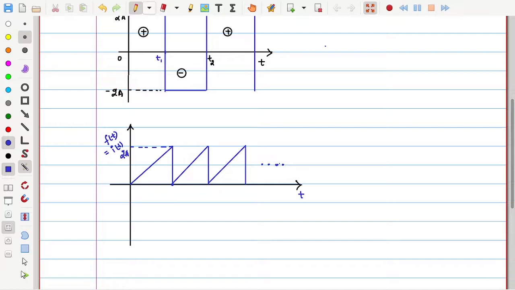Now try to see that it is not alternating between positive and negative, but still it has a varying nature. What is varying? The current is changing.